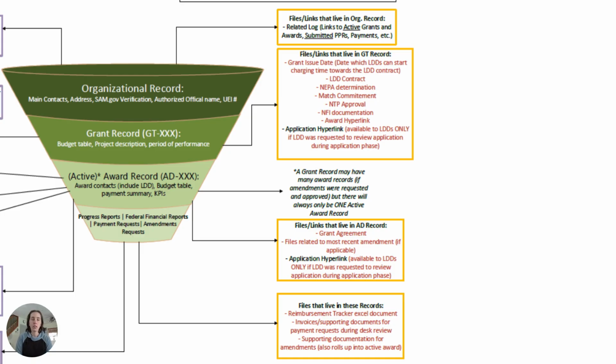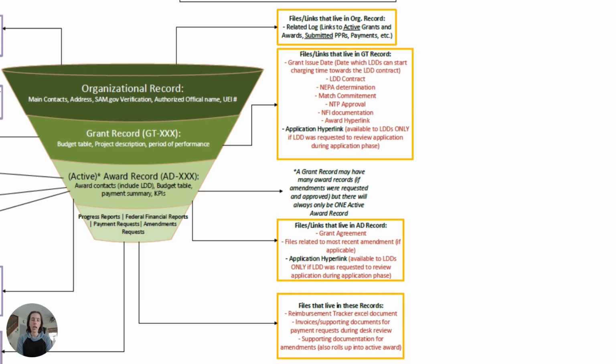So for instance, in the grant record, things like the grant issue date, which is the date that LDDs can start charging time toward the LDD contract, that lives in the grant record. You should be uploading the LDD contract to that record. You'll find the NEPA determination there, your match commitment documentation. You can find the award hyperlink.